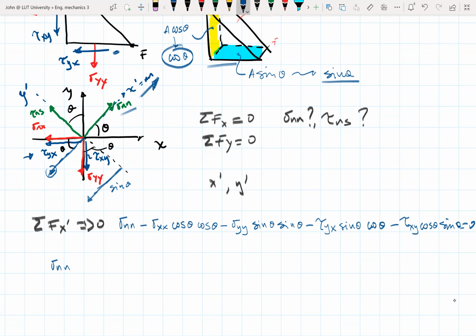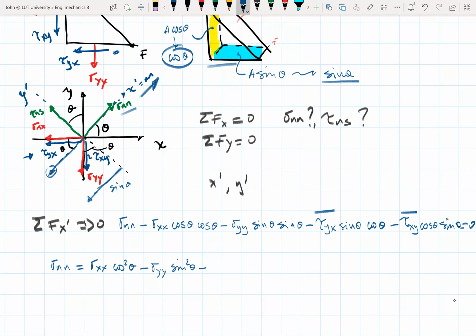Actually, I'm going to write that right now. Sigma n equals sigma x cosine square of theta minus sigma y sine square of theta minus... here, remember what we talked about, the reciprocity of shear stresses.